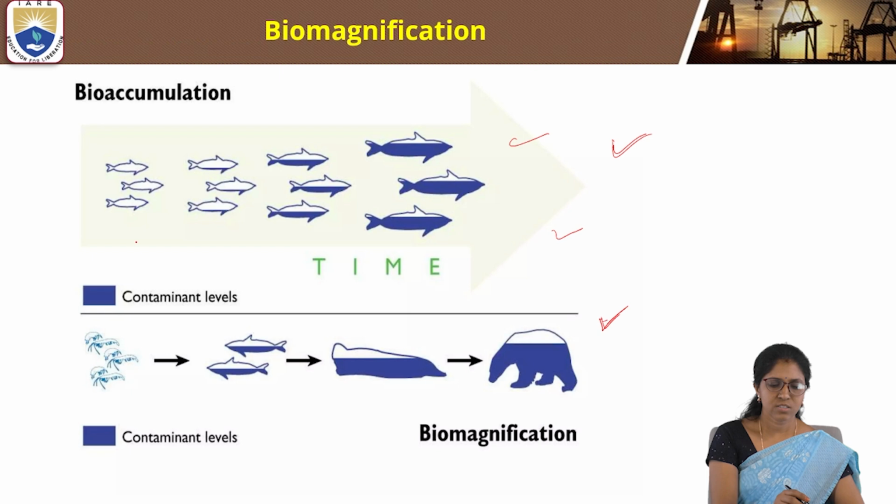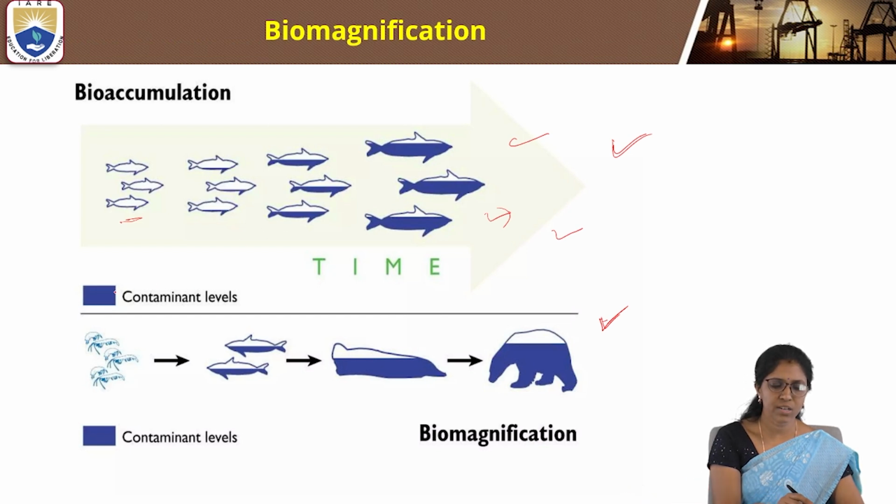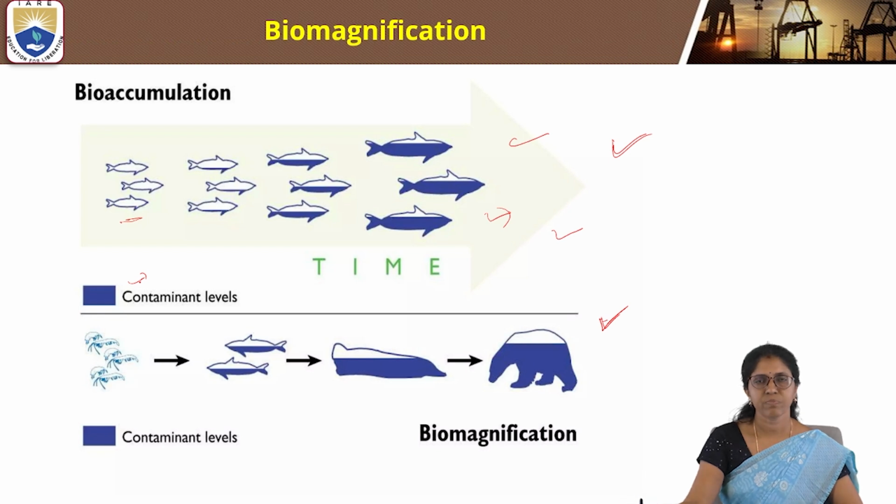If we see the fishes here, small fishes are becoming big fishes as time increases. As they become big fishes, the concentration of the blue color, which indicates contaminant levels, is increasing. So this is known as bioaccumulation, the concentration of pollutant in one trophic level during a certain time.